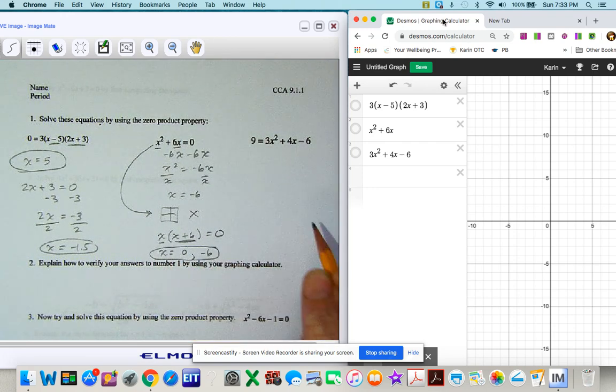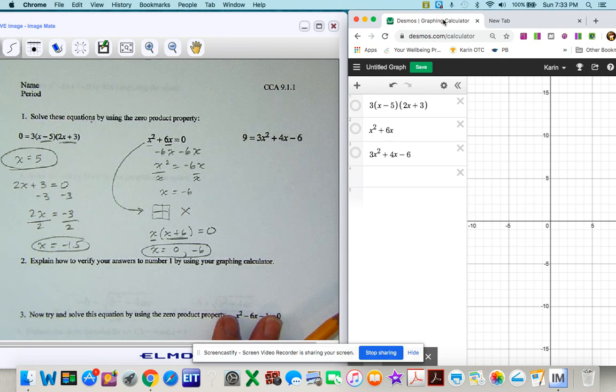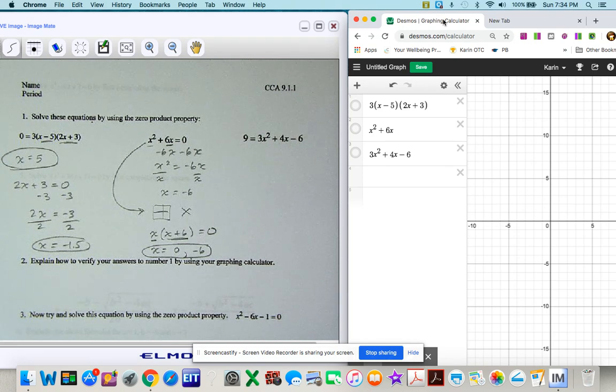Okay, so if you start to balance, even though I didn't get stuck because I didn't have a constant term, you end up losing one of your answers if you do it that way. So generally when you have a quadratic, that balancing method is rarely going to work. So you need to think of some other strategies, okay? Which one of those is using the zero product property and trying to factor.